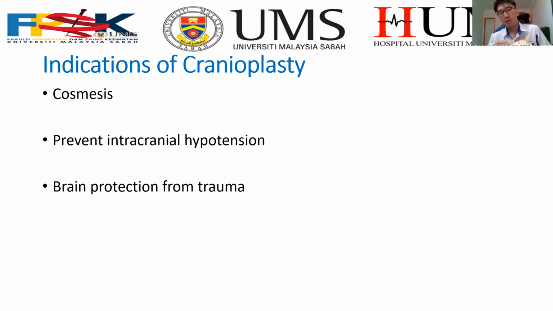So therefore, they usually have to put it back so that it's more physiological. Okay. And of course, you want to protect the brain from further trauma because, let's say, he's active in sports, all right, active in work, sometimes construction, all those things can occur. So you can prevent the trauma on the head. Okay.